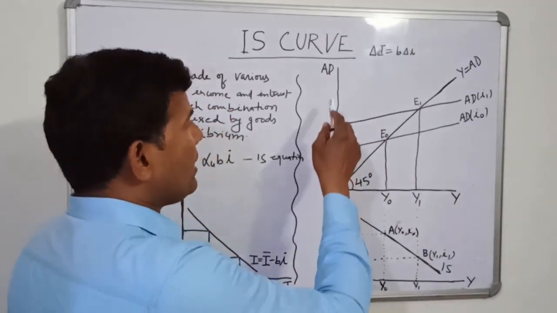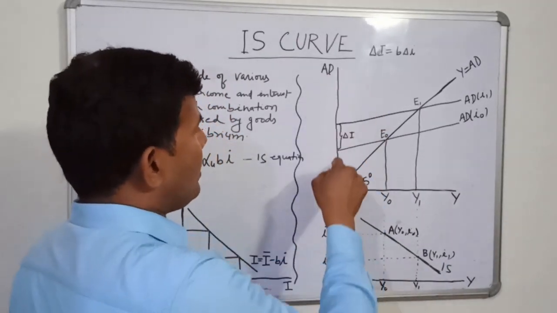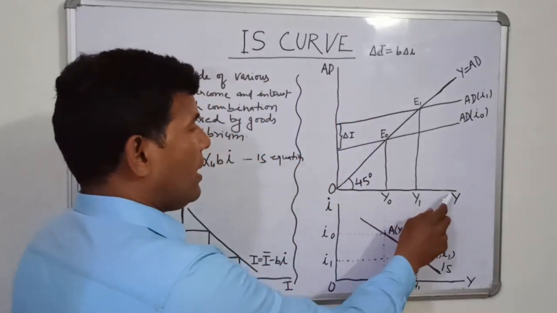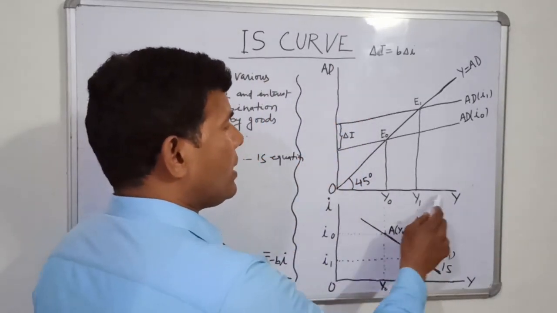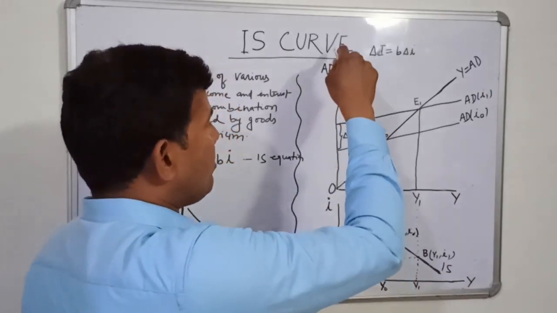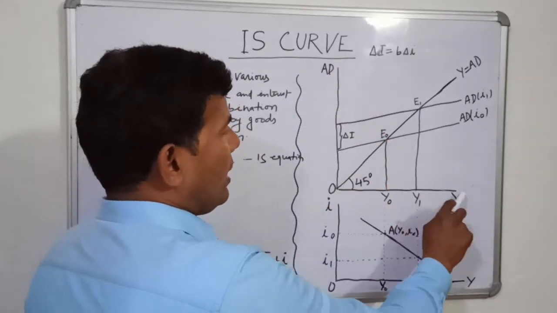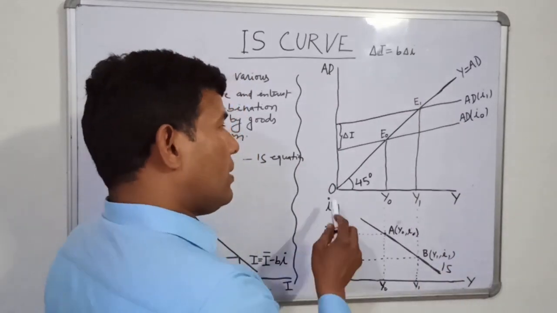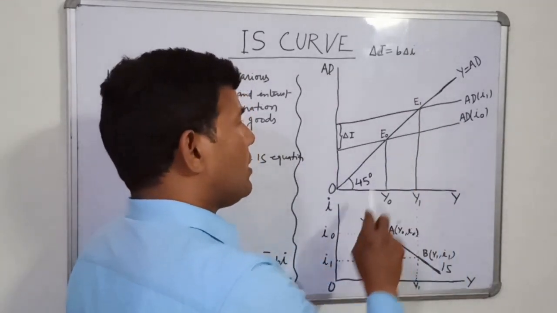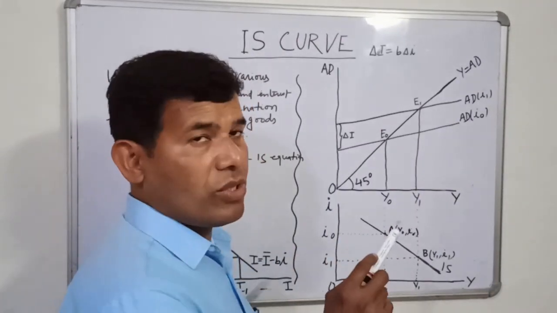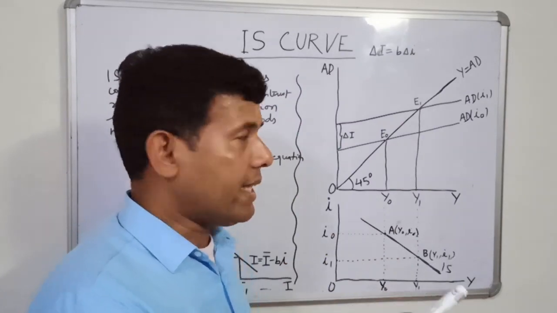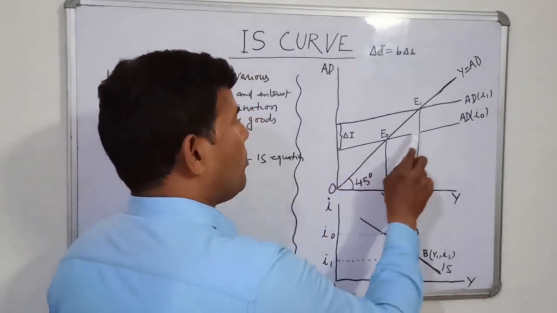In this diagram, we are measuring aggregate demand along the y-axis and income level along the x-axis. Aggregate demand, which is the summation of consumption plus investment plus government expenditure plus net export, is upward sloping.